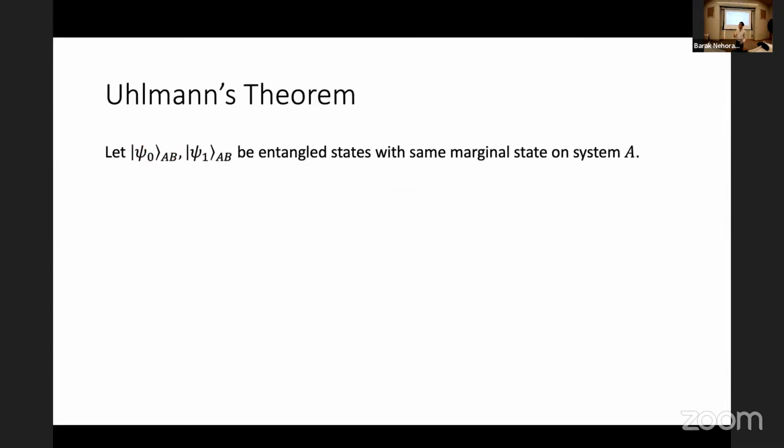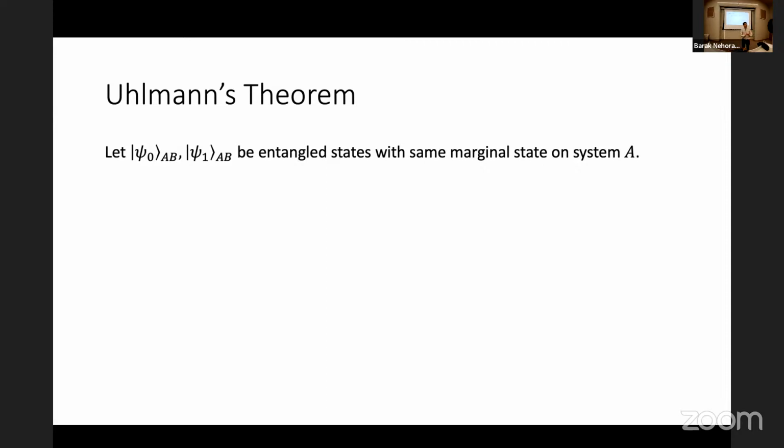Using this, now I can describe Uhlmann's theorem. Let's say you have 2 entangled states, psi 0 and psi 1, entangled on systems A and B. They have the property that if you look on the first half, system A, the mixed states corresponding to these 2 quantum states are identical.